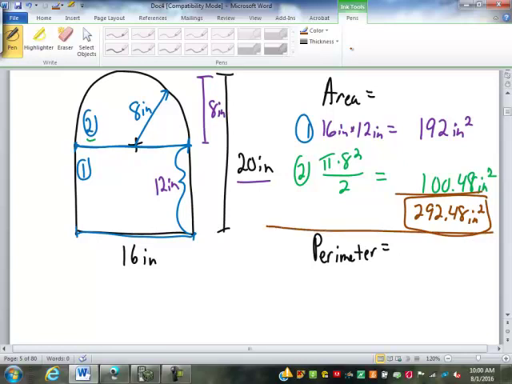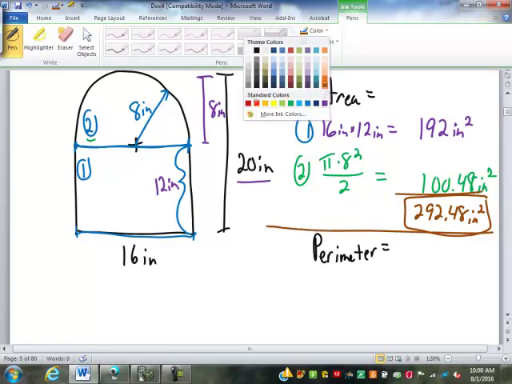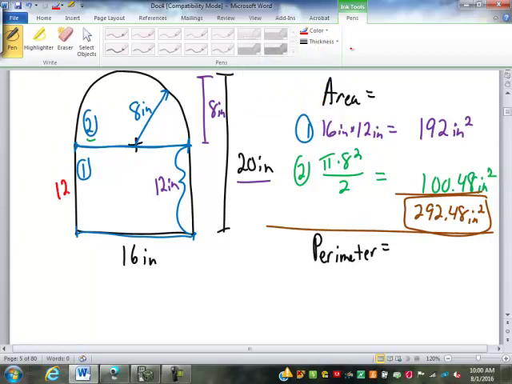Good, getting better. For perimeter here, we have these 3 sides. We need to know the length of this arc. So I'm going to find that first. The length of that arc is a circumference of a circle, but it's only half because it's half a circle. So that'll be pi times diameter, so pi times 16 inches divided by 2 because it's only half the circle, which is going to be 25.12 inches.